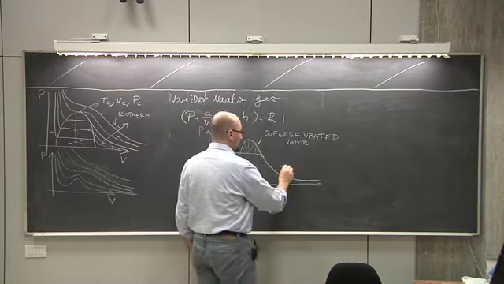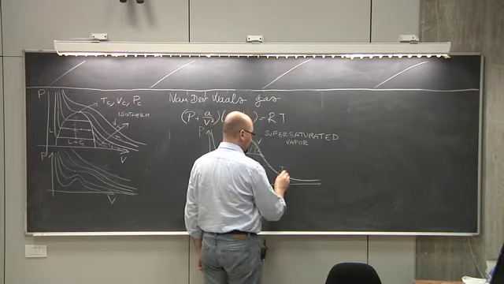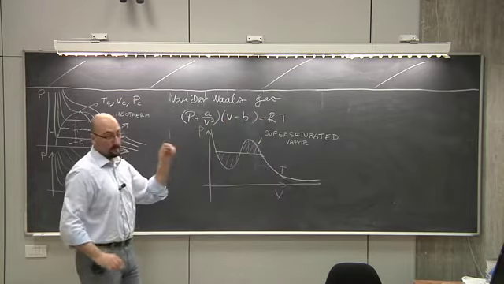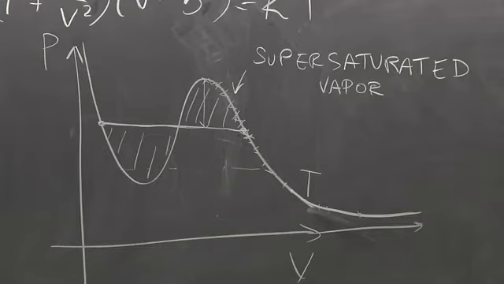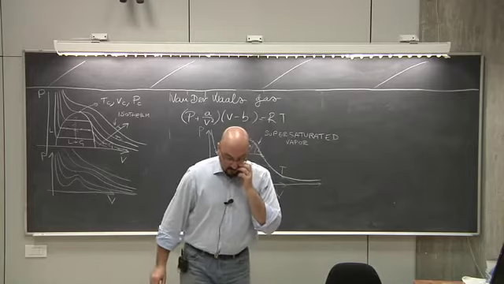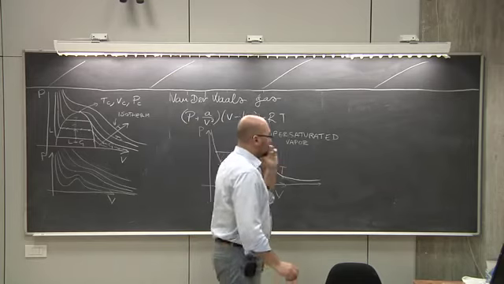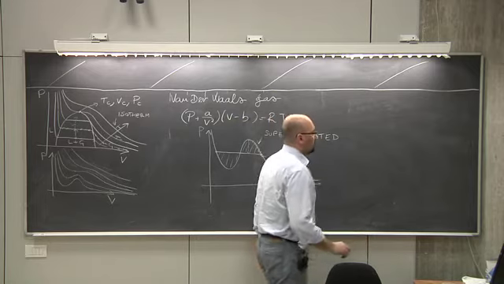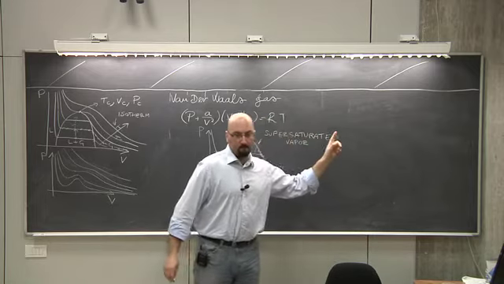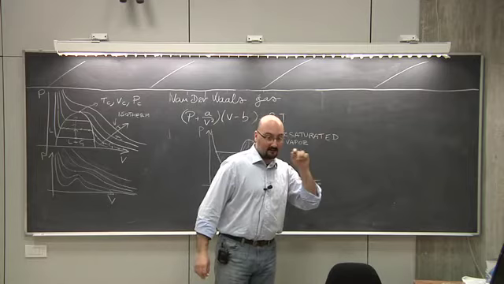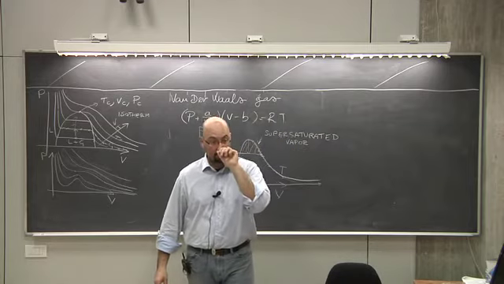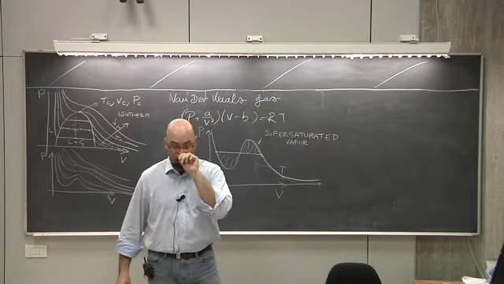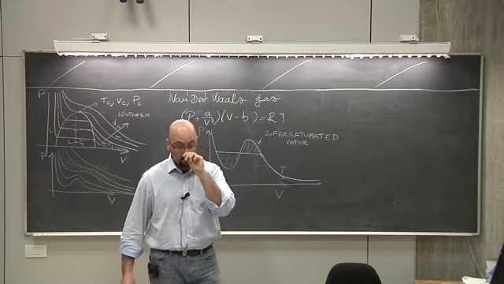Let me remind you that this is an isotherm, so T is constant along this line. Let me first of all prove something to you: that the work done by a reversible isothermal transformation is 0.